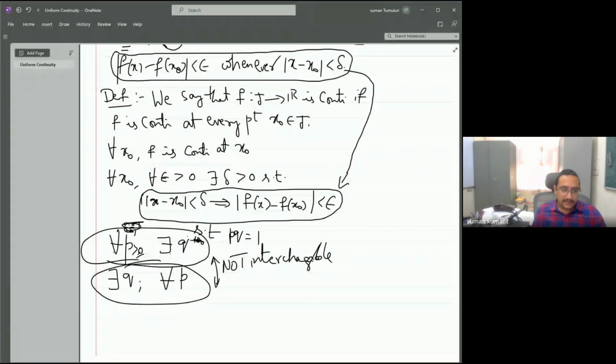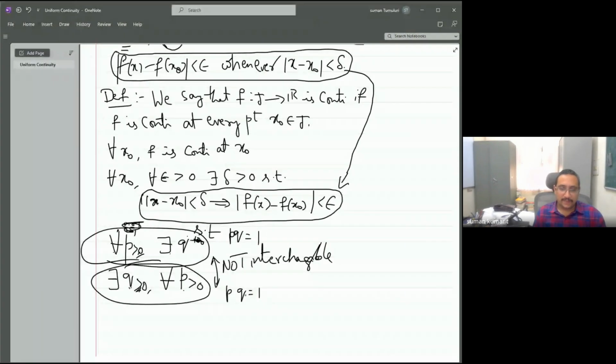But can I say this: there exists Q positive such that for every P positive, PQ equals 1? The answer is no. When I say there exists first, it means that this Q is independent of P. No matter what P you choose, is there any such Q such that PQ equals 1? There is no fixed Q.